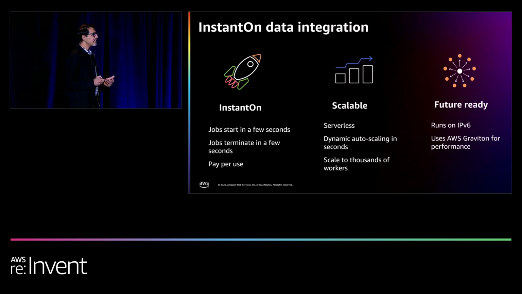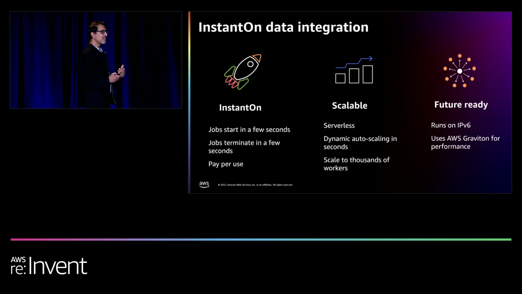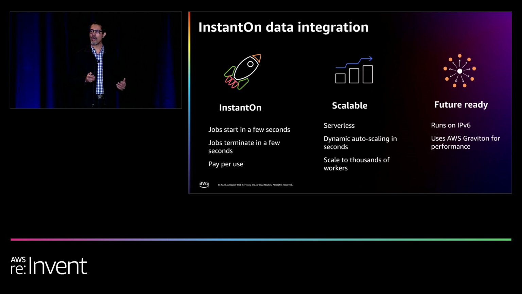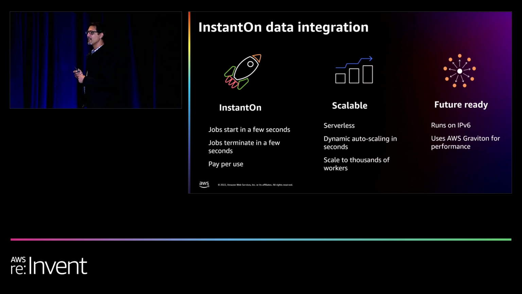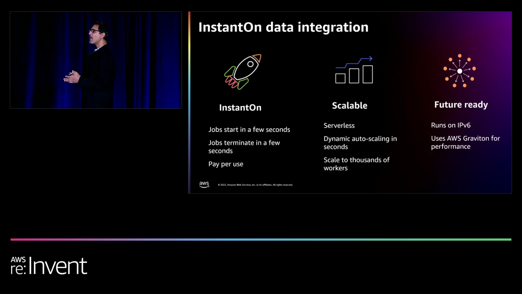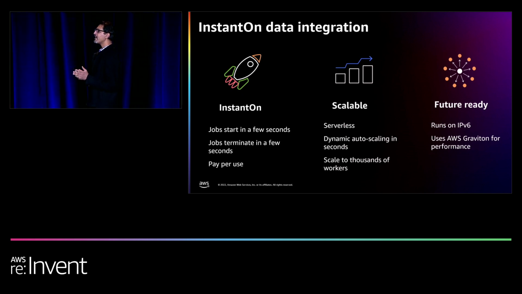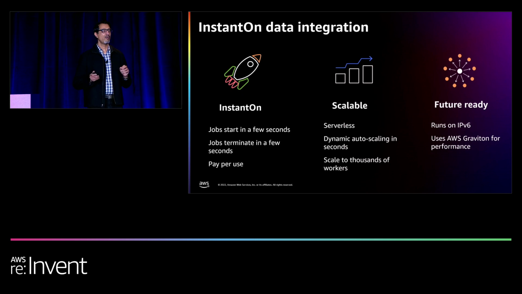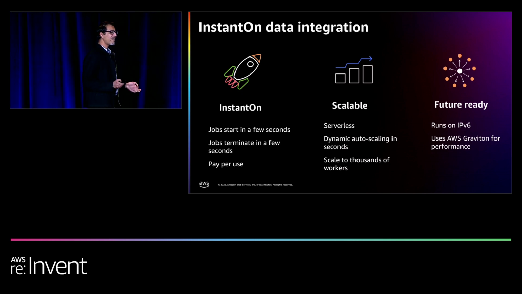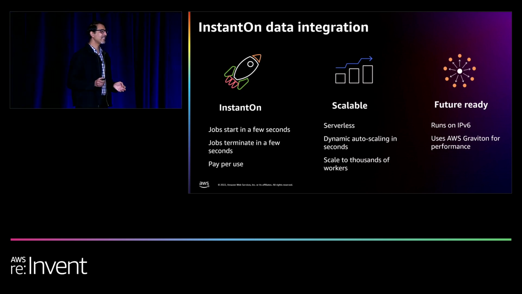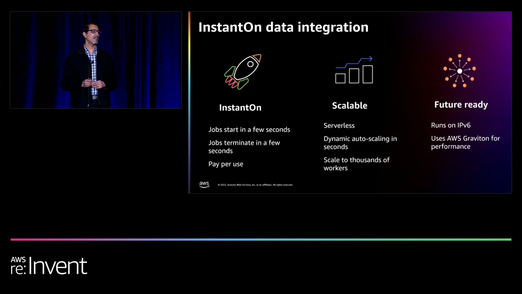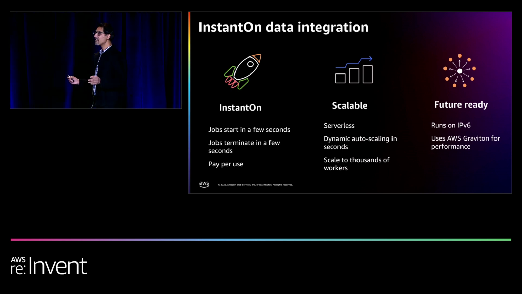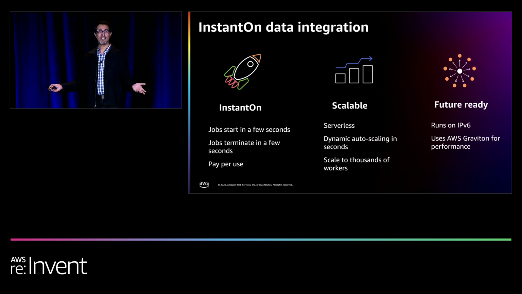Throughout this presentation, we've talked about how fast AWS Glue for Ray is, how fast we are able to scale up and scale down. This is all part of our strategy of making data integration instant on. Waiting for infrastructure to come up while trying to do a business activity is extremely frustrating. And keeping infrastructure up all the time is expensive.